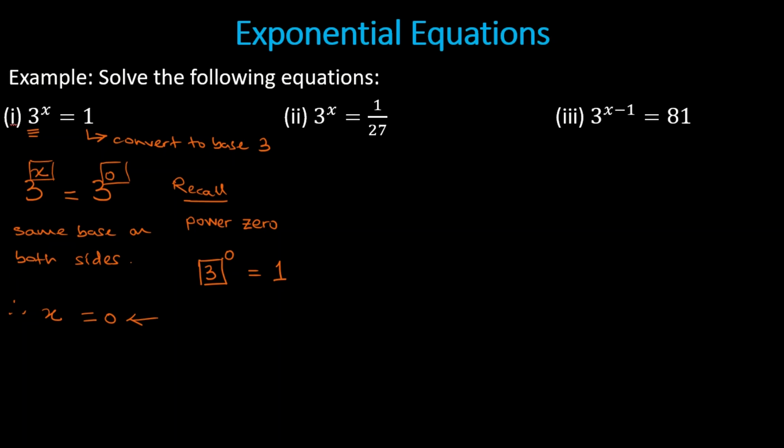Second part, here we have 3 power x equal to 1 over 27, right? 3 power x on the left hand side, we keep it as 3 power x. What about 1 over 27? Which number can we write in terms of base 3? It appears that 27 we can write in terms of base 3.